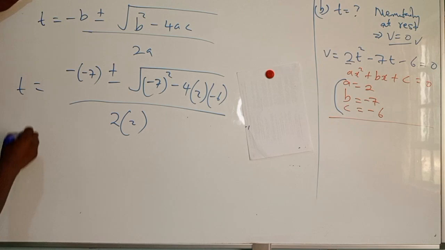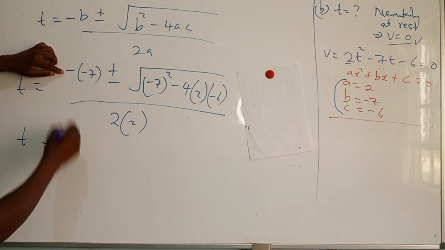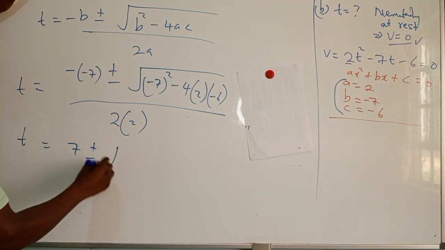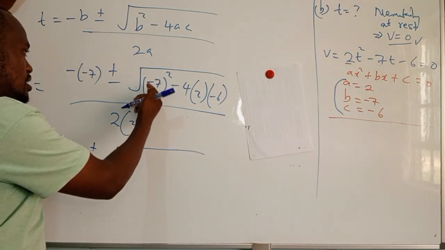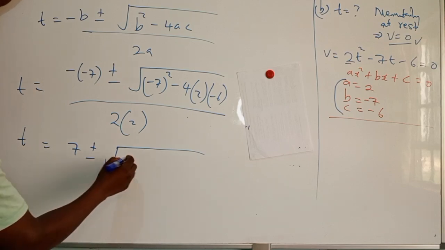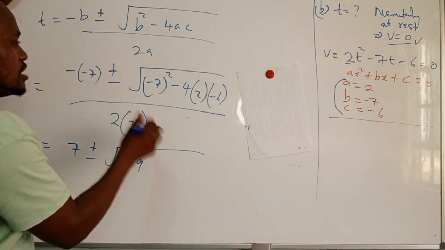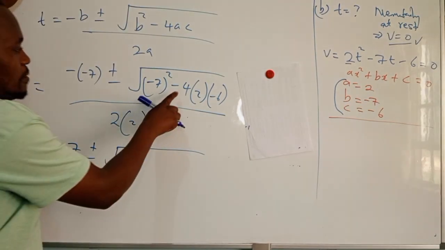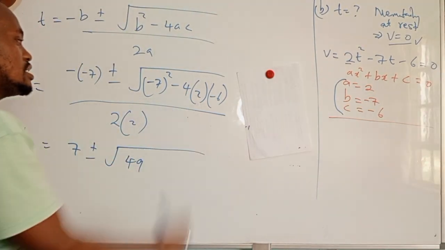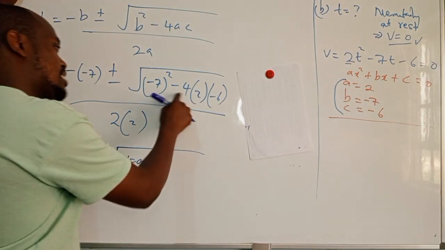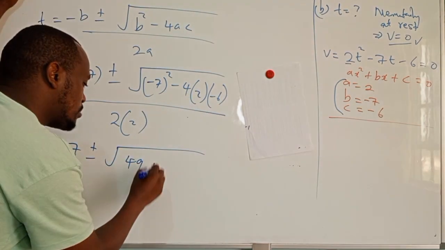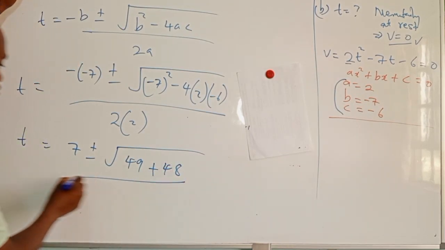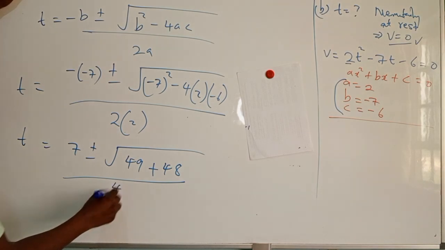So t is equal to positive 7, negative times negative, plus or minus the square root of, what is negative 7 times negative 7? It is 49, positive. Then this negative and this negative will become positive. Therefore, negative 4 times 2 is negative 8, then negative 8 times negative 6 becomes positive 48, over 2 times 2, which is 4.